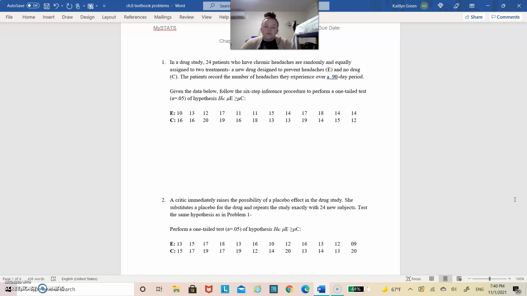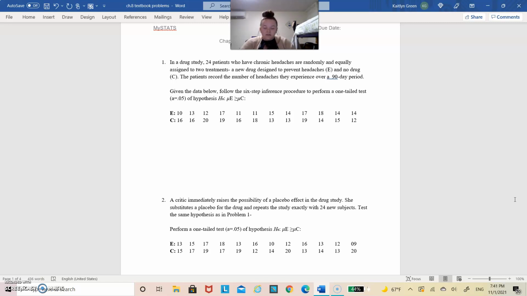It's important to make sure that we always use the absolute value of t cal. And so from that, we know that t cal is greater than t crit, so we are going to reject the null hypothesis and accept H1.